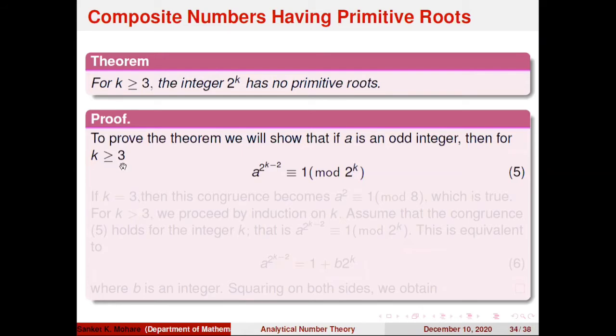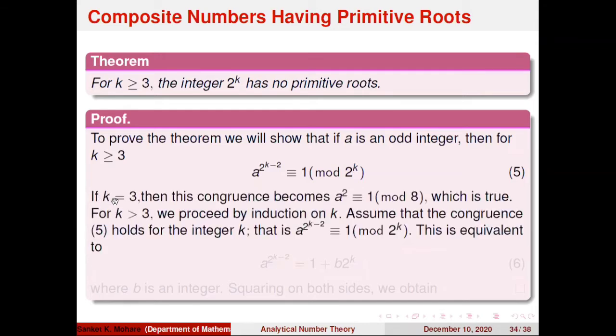So in the induction, the first value is k equals 3. If k equals 3, then this congruence becomes, if I put k equals 3 in equation 5, a to the power 2 to the power 3 minus 2, that is 2 to the power 1, which is 2. So it becomes a squared congruent to 1 modulo 2 cubed, which is 8. So a squared is congruent to 1 modulo 8, which is true. Suppose I take any odd integer.